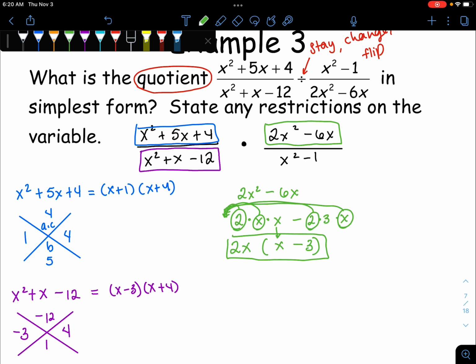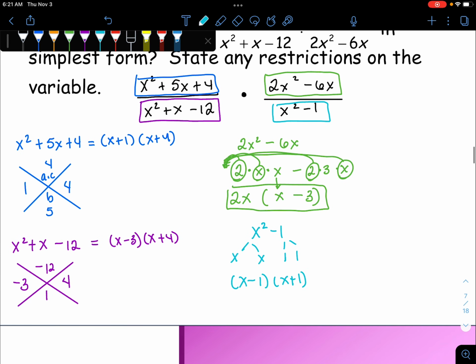And last but not least, we have x squared minus 1. This is difference of squares. X and x. This is 1 times 1. So it's x minus 1, x plus 1. Okay. Now let's rewrite these factors.